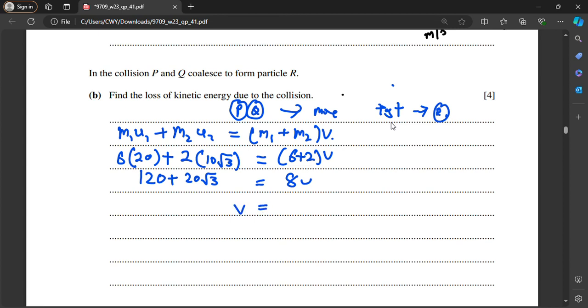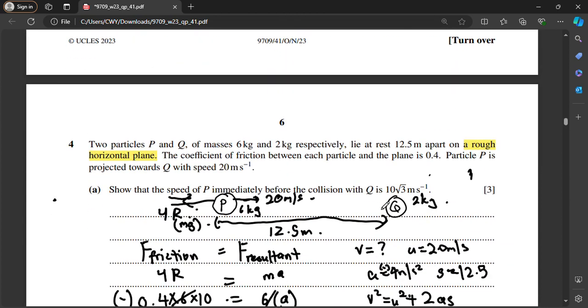So your v is going to be equal to, hold on, let me just press my calculator. So it's going to be 120 plus 20 root 3, over 8. Your answer is going to be, hold on, let me see again. Hold on, let me think again. Because particles move together, it lies at a resting.